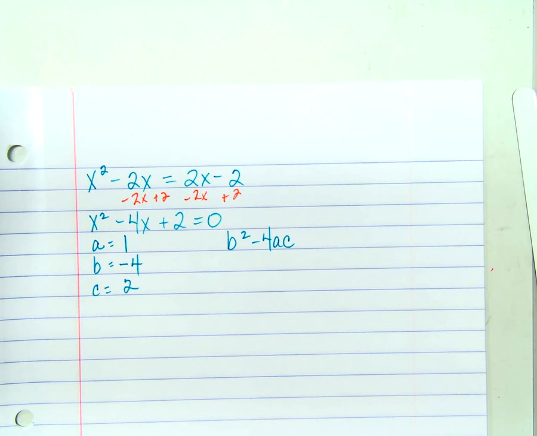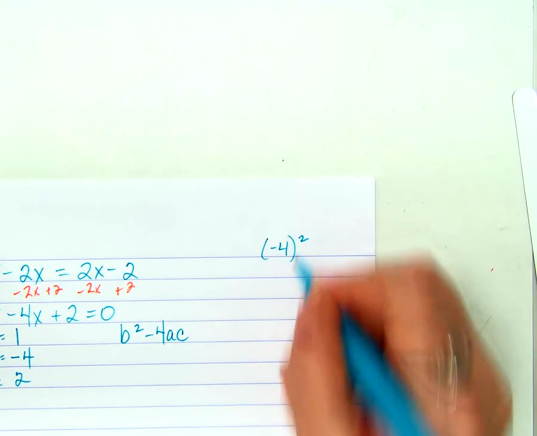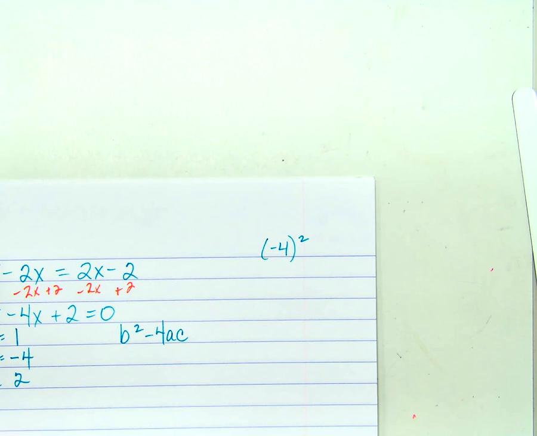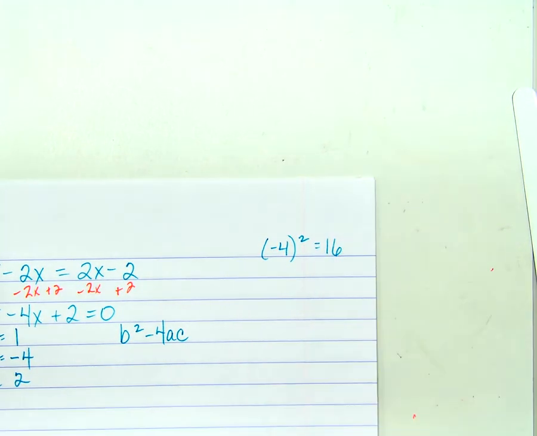Okay? So we have two options. You really have two options. You can put the -4 in parentheses before you square it. Because guess what it says then? It says 16. Okay? Do you know what your other option is, though? The other option is to use your brain and know that a negative number squared is going to be positive.